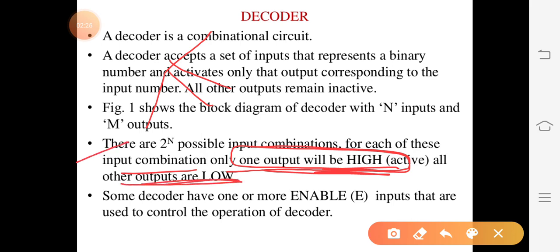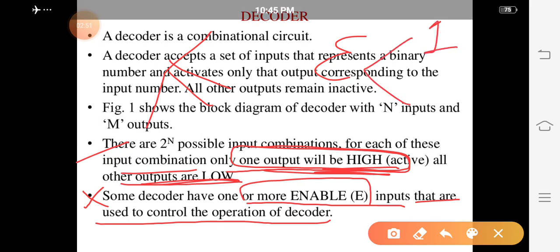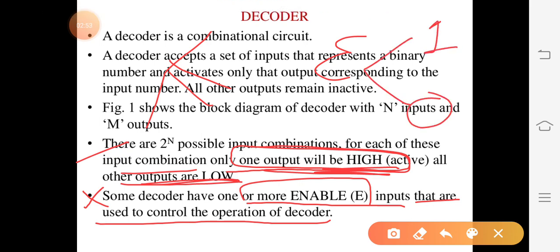Next point, some decoders have one or more enable inputs that are used to control the operation of decoder. This point is not important for us actually, because we are not going to study it, but let me just tell you about it. What is the enable input? Enable input is used to control the operation. Enable can have 2 values, either 1 or 0.